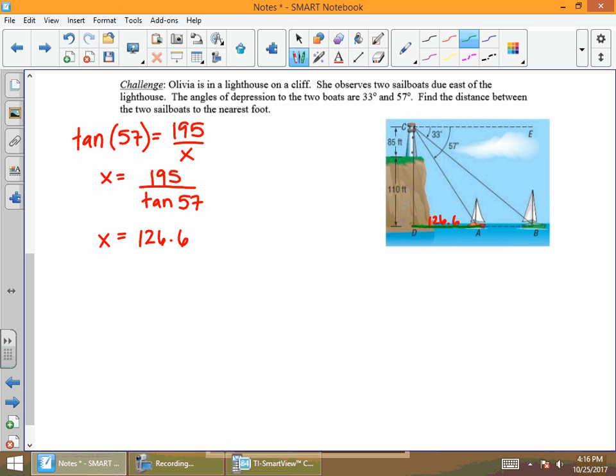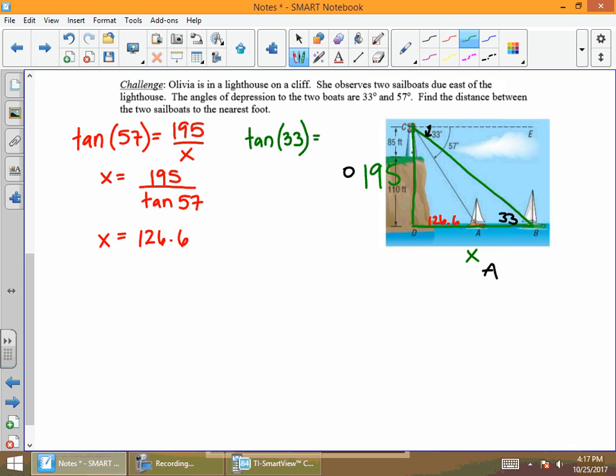From D over here to B is what I'm trying to find. I'm going to call that x. The height up the cliff is still 195. The angle of depression for the green line is right here. It's 33 degrees, so this is 33. Well, 195 is still opposite, x is still the adjacent. So again, I'm going to use the tangent, but this time it's the tangent of 33 degrees.